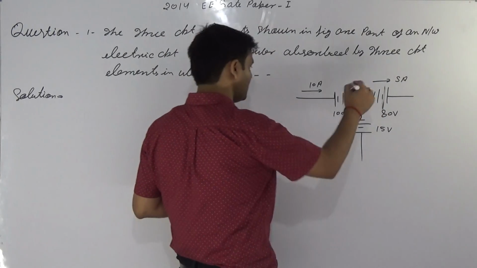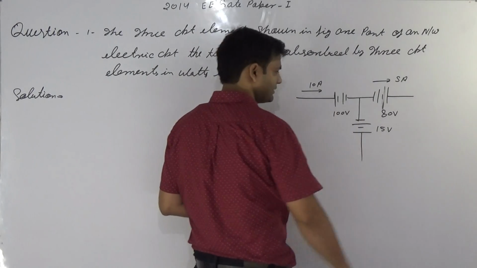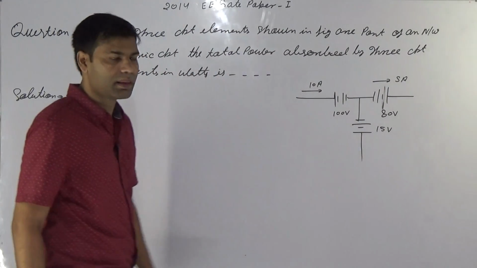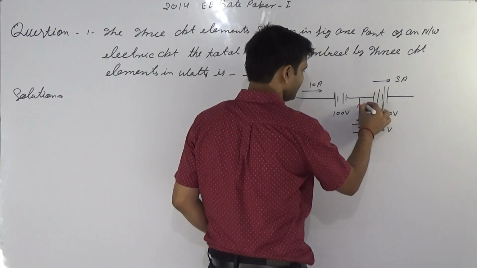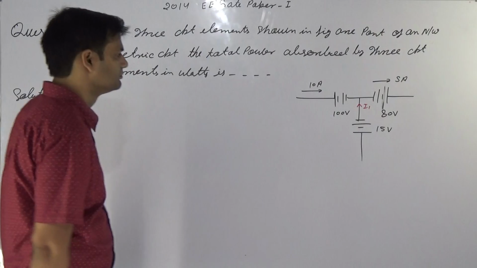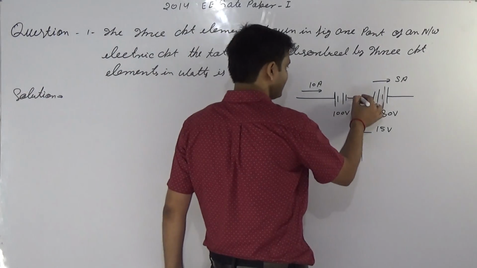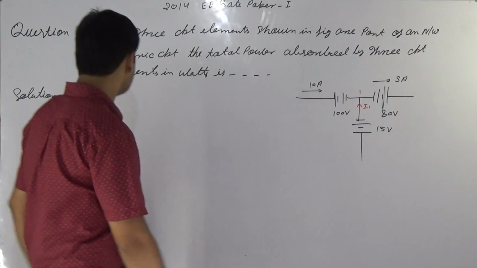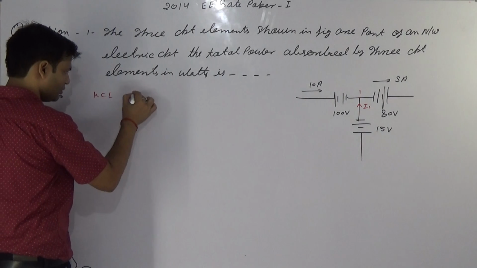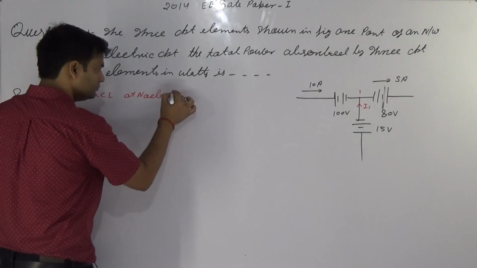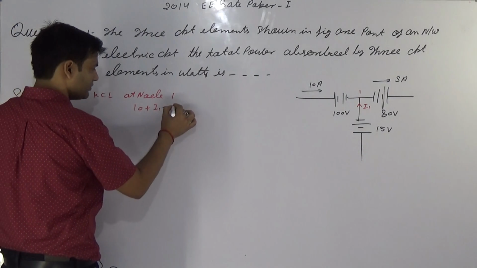First of all, how can I find out the current in this branch? Suppose that this is I1. Net current at node 1, KCL at node 1: 10 plus I1 equals 5.